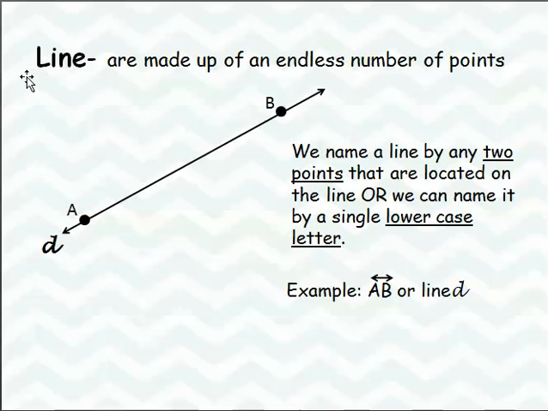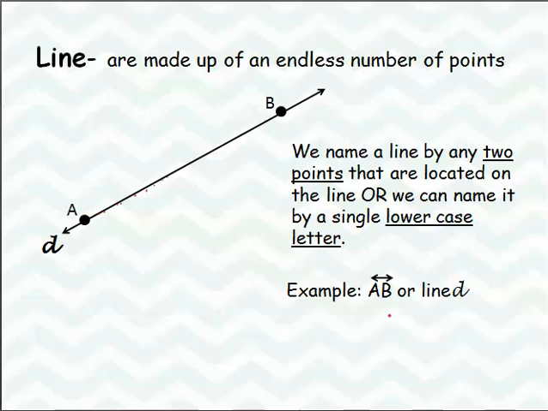Next is a line, another one of our undefined terms. Lines are made up of an endless number of points. You have to have at least 2 points to make a line. So we have A and B, but also on this line are an endless number of other points, because no matter what, I can keep zooming in and I can keep making points, and they do form a straight line.